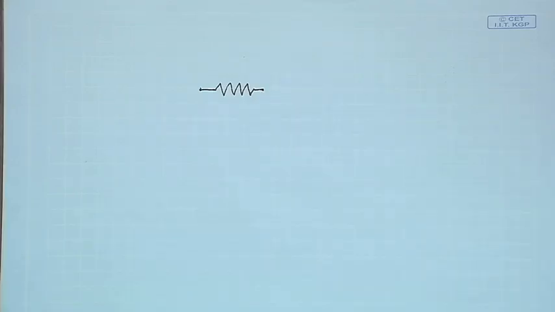No voltage source, nothing, just an ammeter across a resistor. What will happen? It will try to measure the current through the resistor. Initially we will wonder why there should be any current, since I have not put any voltage.